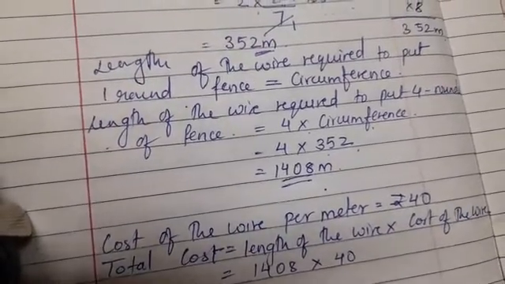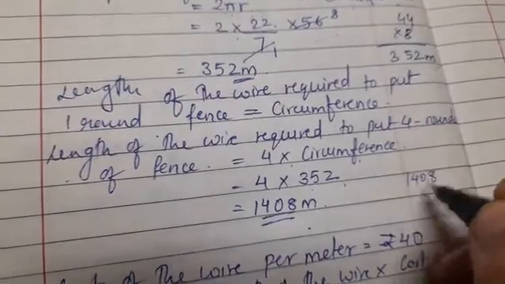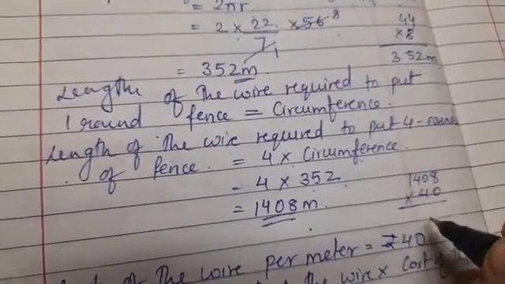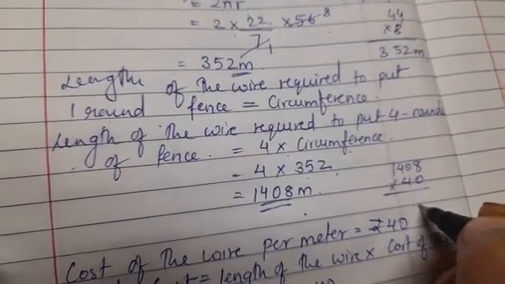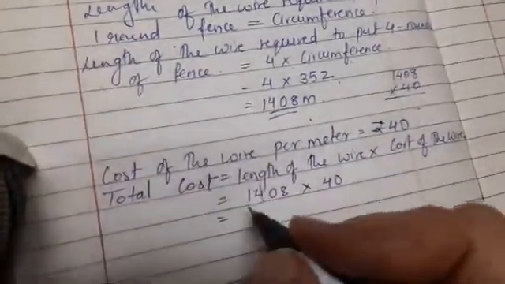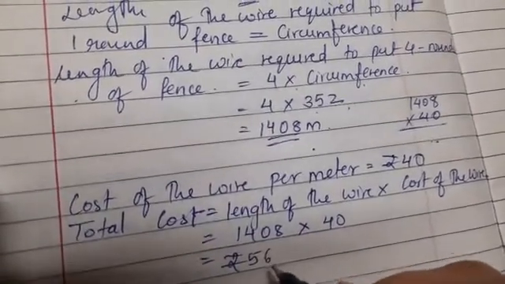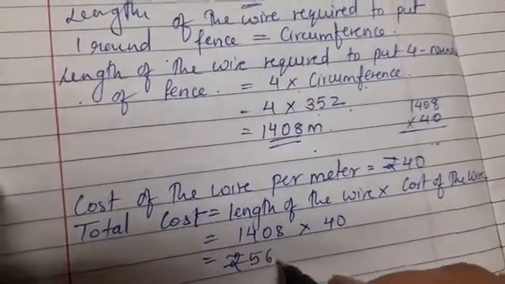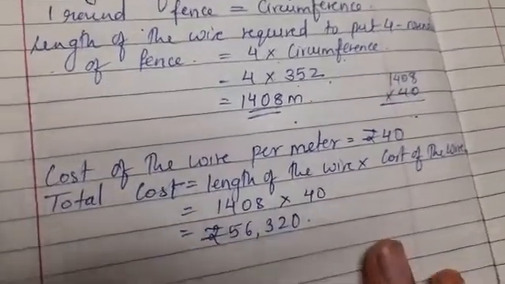1408 into 40, multiply in the rough work and write the answer. You will get rupees 56,320, the cost of the wire.